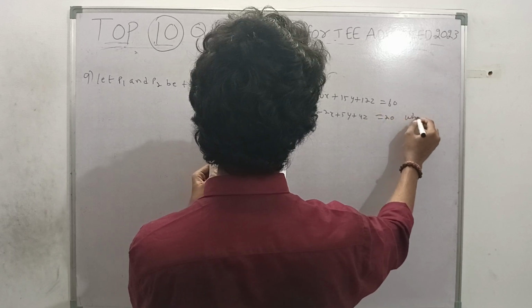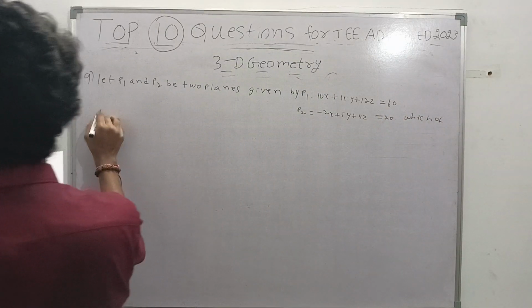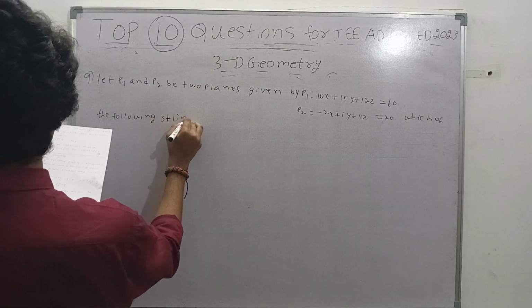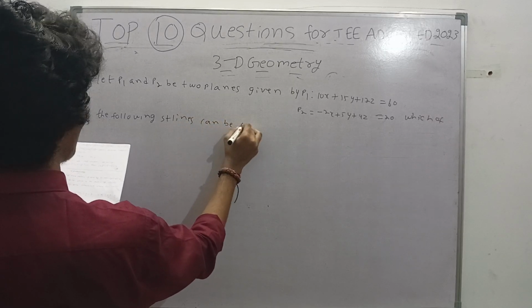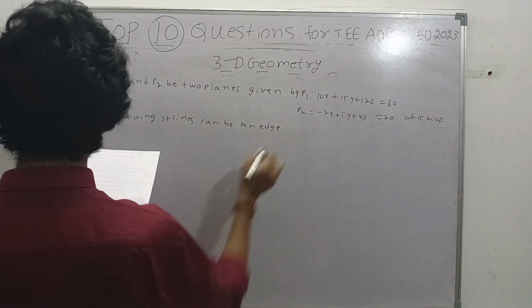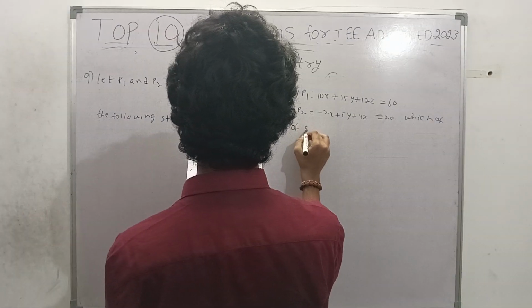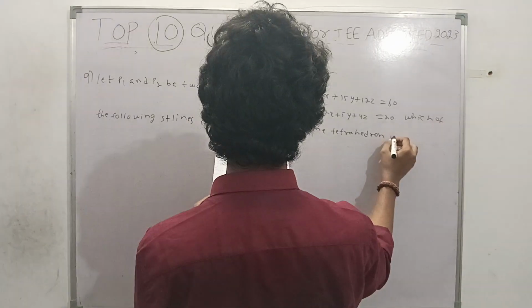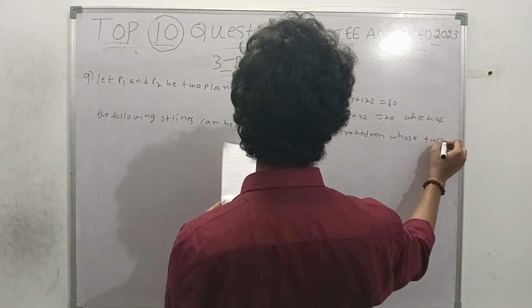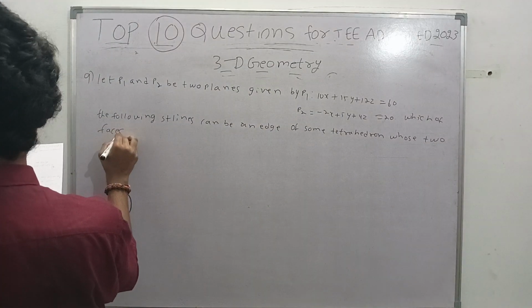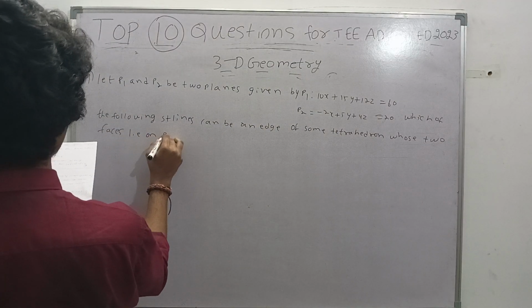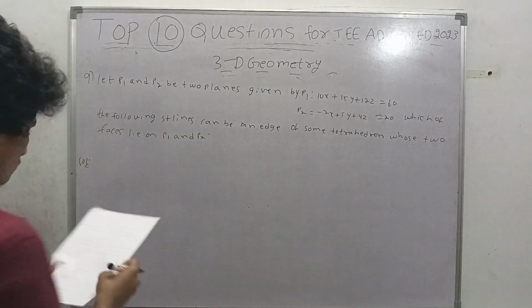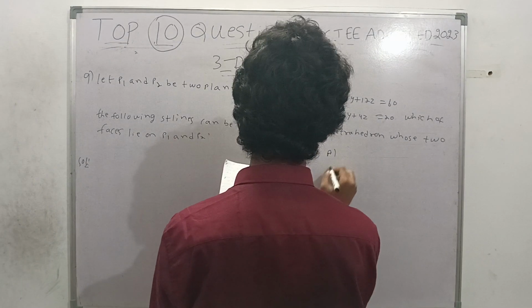Which of the following straight lines can be an edge of some tetrahedron whose 2 faces lie on P1 and P2? Solution: option A, option B, option C.